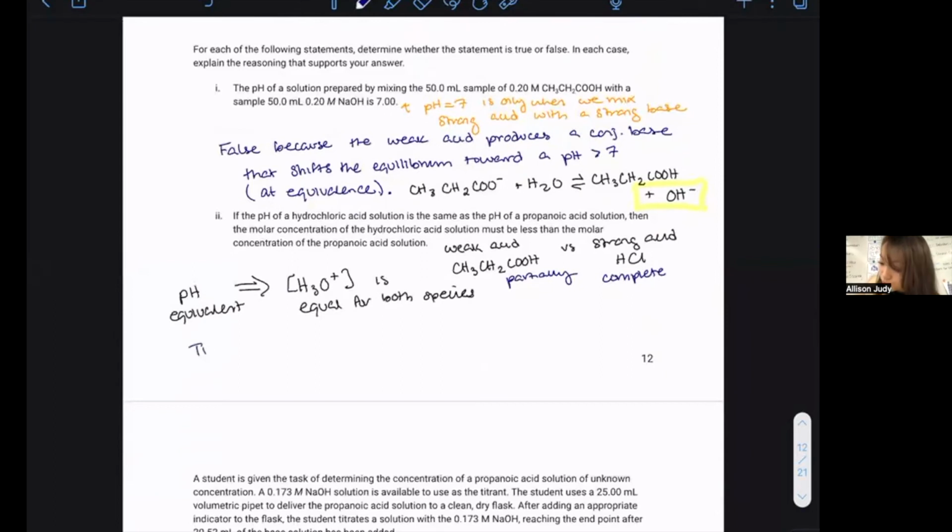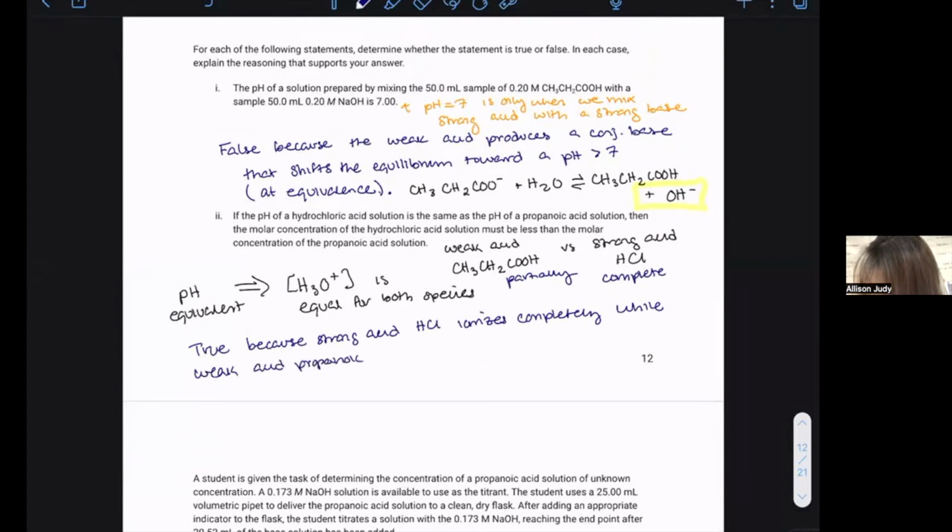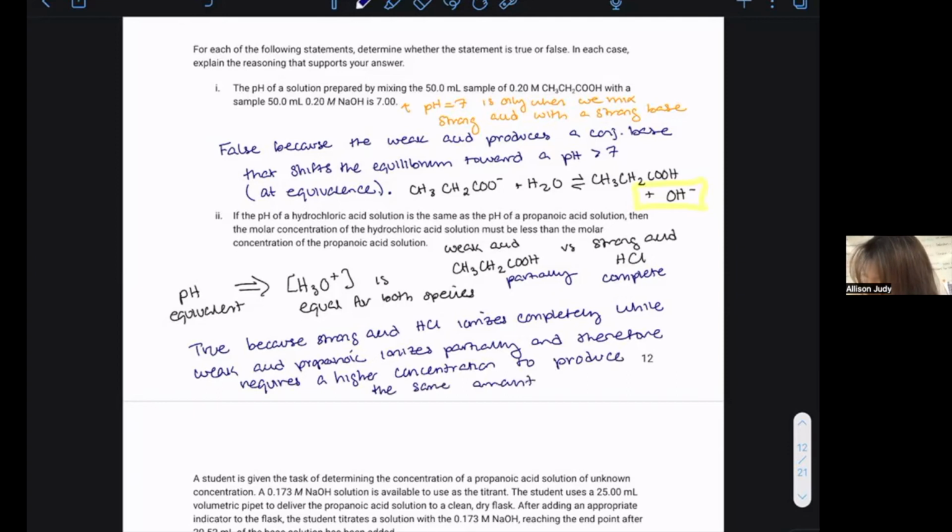So we would say then that the statement is true because the strong acid, HCl, ionizes completely, while the weak acid, propanoic, I hope I spelled that right, ionizes partially, and therefore requires a higher concentration to produce the same amount of H3O plus.